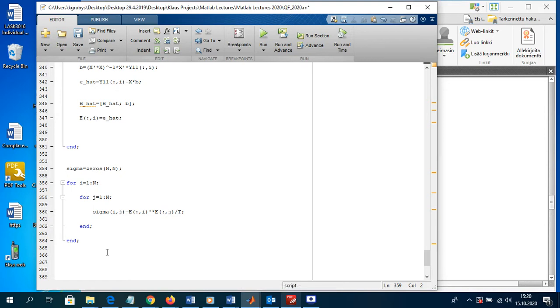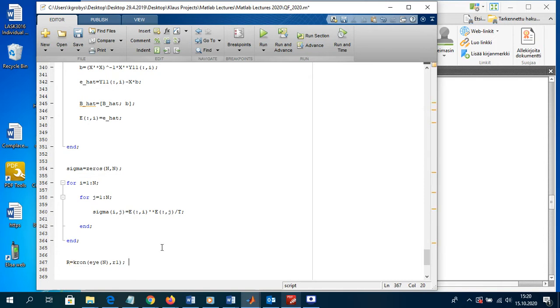And our R is defined as the Kronecker product of what? We take the identity matrix, which has the dimension n because we have n equations, and R1, which we have already defined earlier.